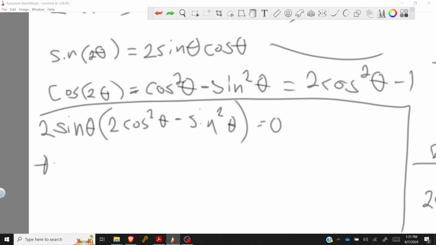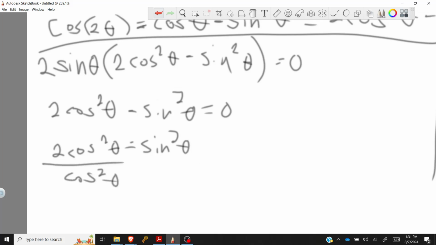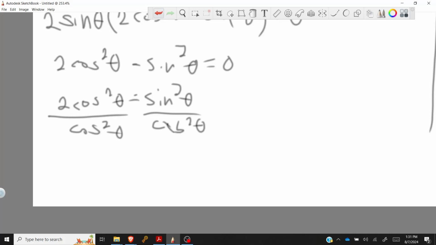What we can do is evaluate the second term of this equation, which is 2 cosine squared theta minus sine squared theta equals 0. So let's solve this equation. I'm going to start by adding sine squared theta on the right side, and then divide both sides by cosine squared theta. So we get 2 equals sine over cosine's tangent, 2 equals tan squared theta.